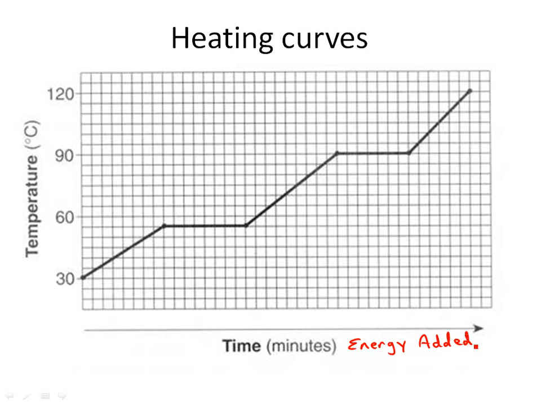So sometimes you'll see the x-axis as energy added, and other times you'll see it as time. But again, as long as we're heating at a constant rate, we can treat them as the same.